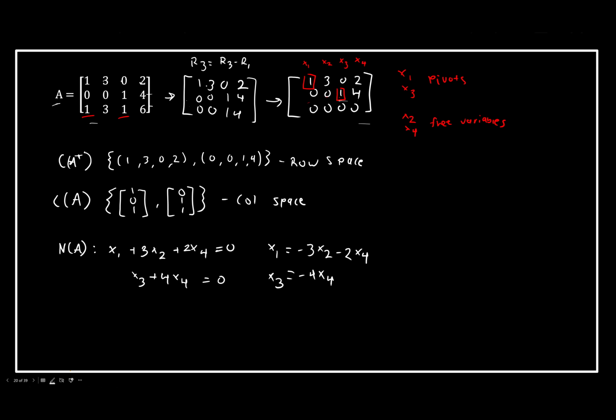And the rank is just the number of pivots. If you ever hear a rank 2 matrix, that just means there are 2 pivots in the matrix. So we know it's going to be a span of 2 different vectors. That's the same as our dimension.